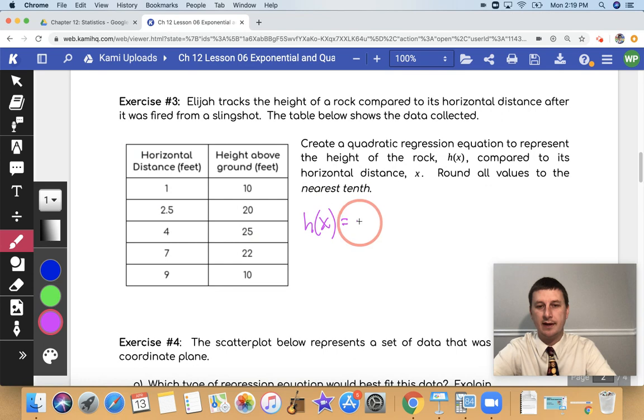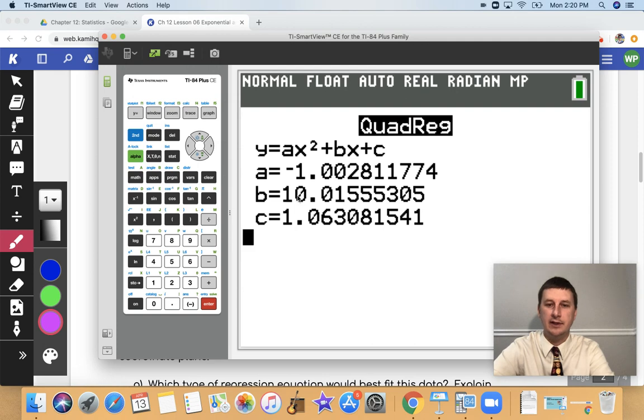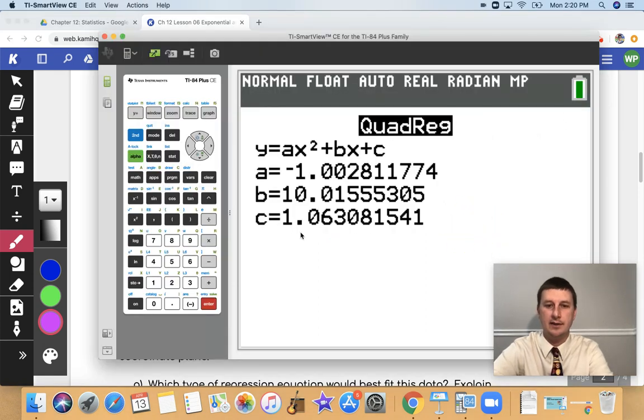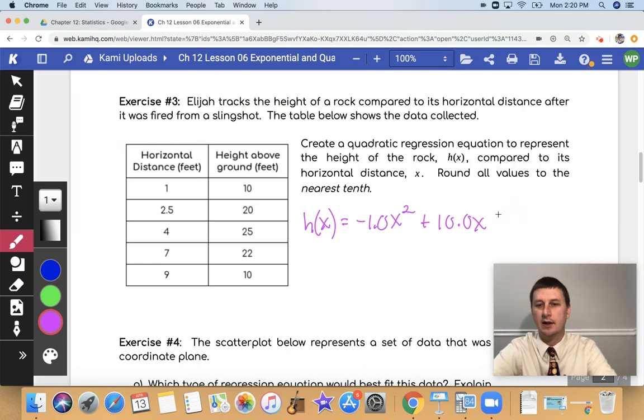So we'll just have negative 1.0 x squared. Our b value is going to be to the nearest tenth, 10.0, plus 10.0x. And our c value to the nearest tenth is going to be plus 1.1.